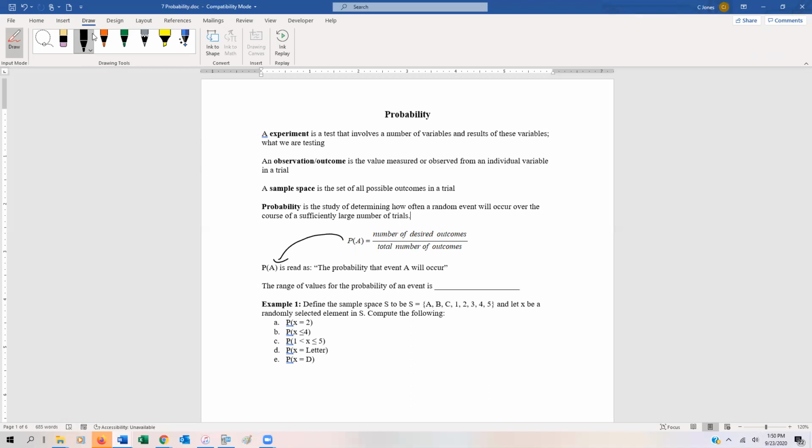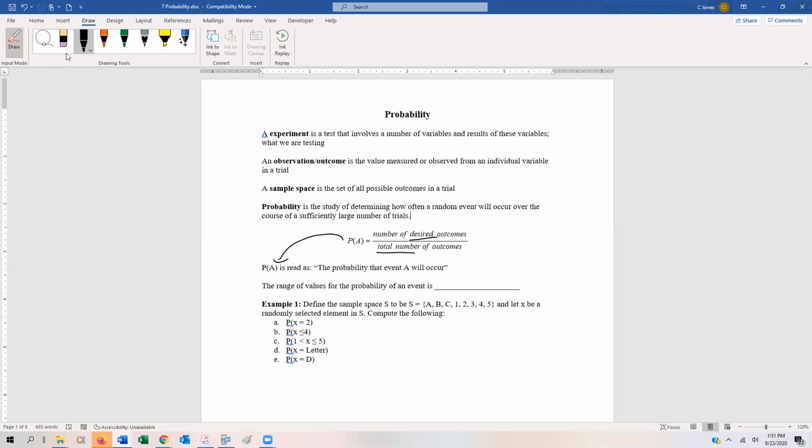And the probability of A occurring is essentially a relative frequency. It's the number of desired outcomes divided by the total number. You might remember in your frequency distribution, we had a column for relative frequency. That's exactly what we're computing, a probability: the likelihood in that experiment or data collection, whatever it might be, that the observation, that outcome, will truly happen.